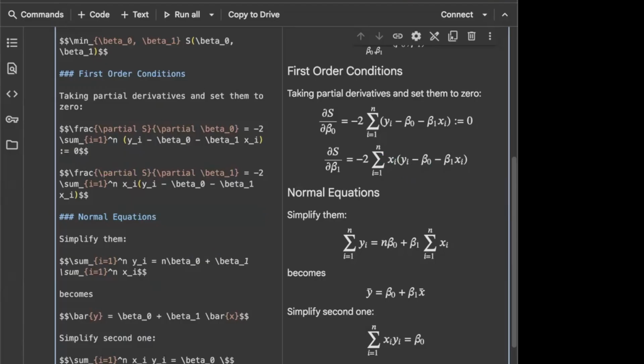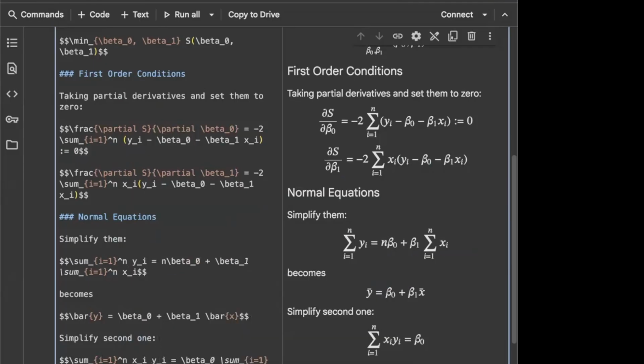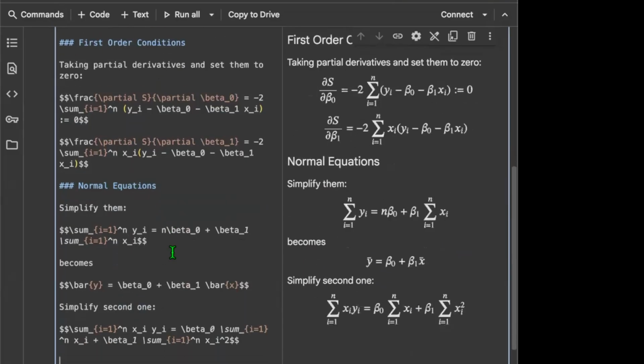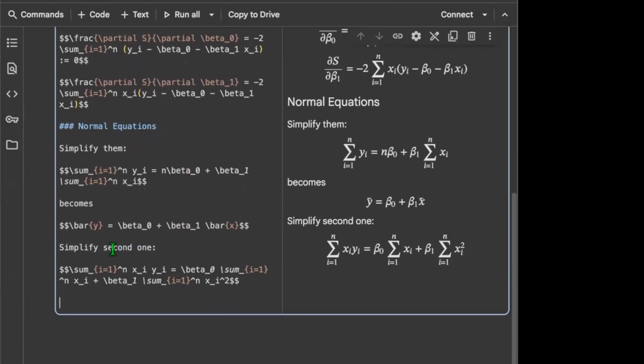So you have sum i from 1 to n, xi. Our next term is beta 1, which comes out. i from 1 to n, xi square. So now you have your two equations, and you just solve for the unknowns, right?